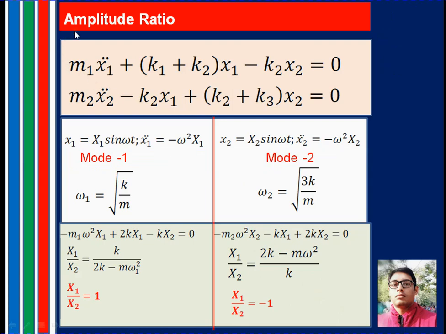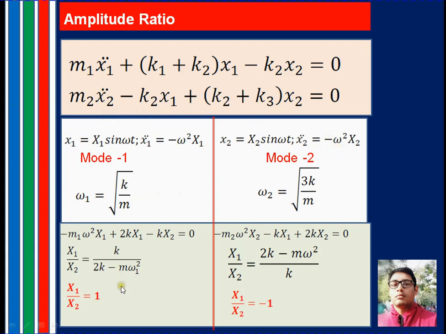Now, amplitude ratio. Suppose you want to know how the movement happens once the body oscillates, then we can write this expression in terms of x1 and x2. What we are doing is x1 double dot is replaced by minus omega square x1, and x2 double dot is replaced by minus omega square x2.